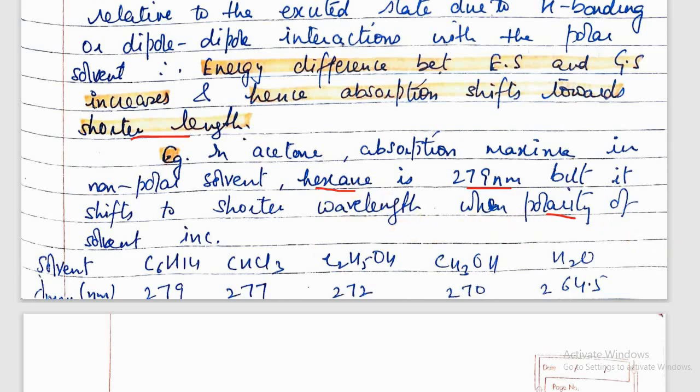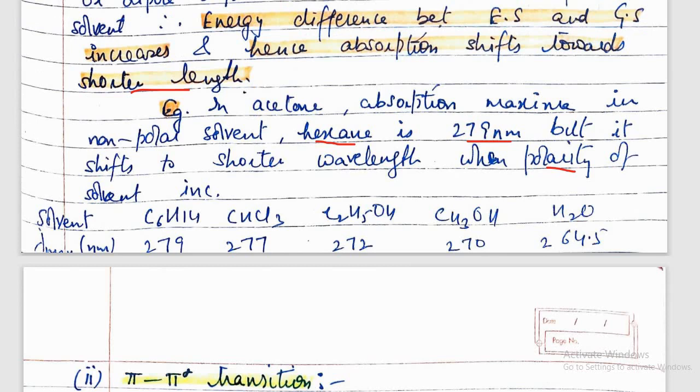In various solvents we can see, n-hexane, which is non-polar, gives 279 nanometer. In chloroform, that is, when the solvent becomes polar, it is 277. When it becomes still more polar, that is, ethyl alcohol, it is 270. It is more polar because the alkyl group is smaller, so it has stronger hydrogen bonding and attractions.